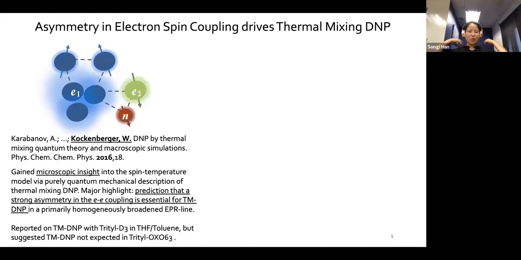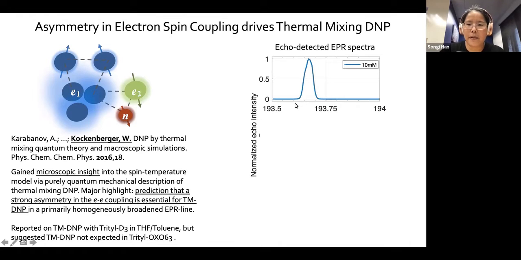They did quantum mechanical simulation and offered some microscopic insight into how the spins have to be distributed to give thermal mixing DNP, and they predicted that you need a strong asymmetry in the electron-electron coupling. They in fact have seen thermal mixing DNP with certain other trityls in THF toluene. They predicted that trityl OX063 wouldn't give thermal mixing DNP, which we see. However, the framework is there, and we very much agree with that framework of their paper.